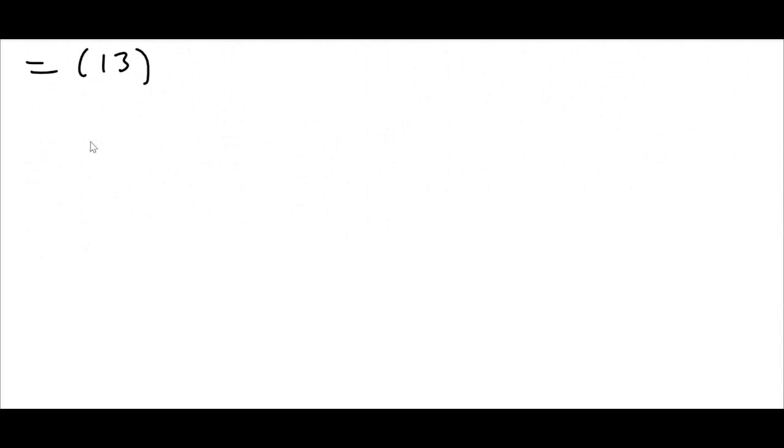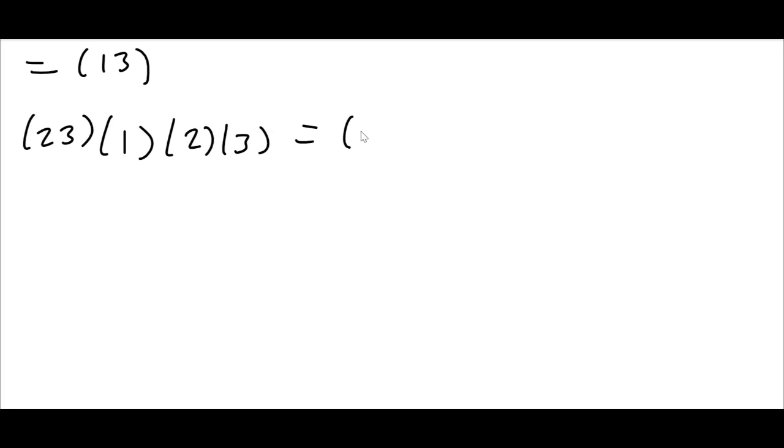That's one of the things we're going to look for. We're also looking for an identity element and an inverse element. So (2 3) composed with (1 2 3). Well, 1 goes to itself. Alright, 2 goes to itself, 2 goes to 3, and 3 goes to itself, 3 goes to 2. So we close that.